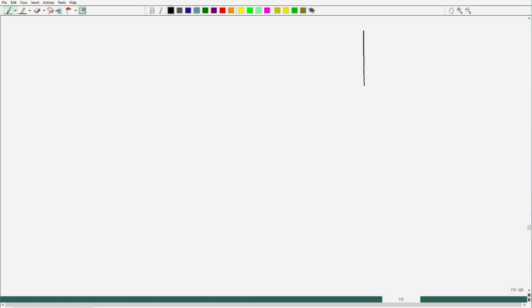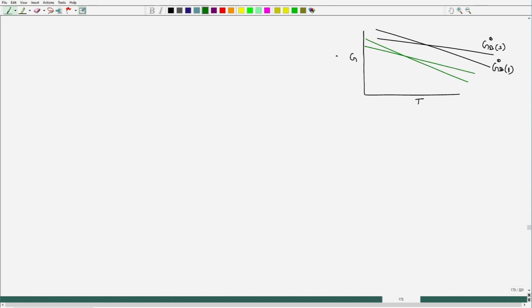So, this is my reference: T on one axis, G on the other. This is G B naught solid, this is G B naught liquid, this is G A naught solid and this is G A naught liquid.